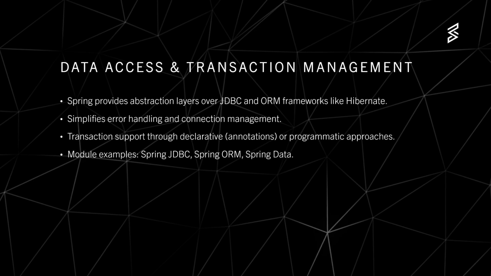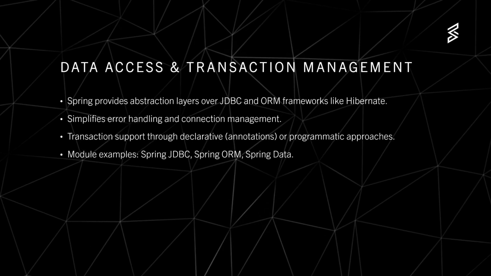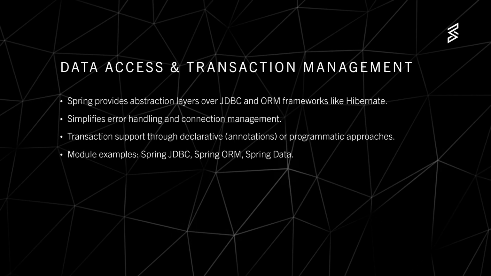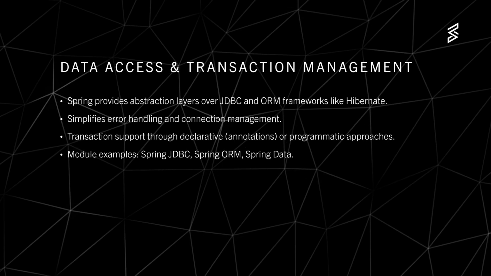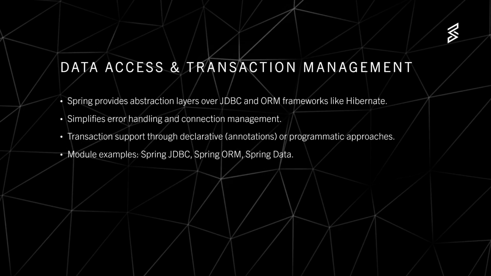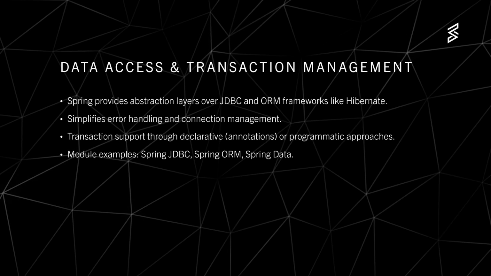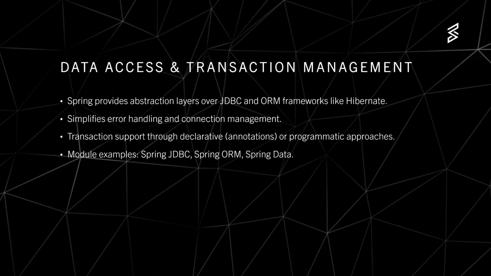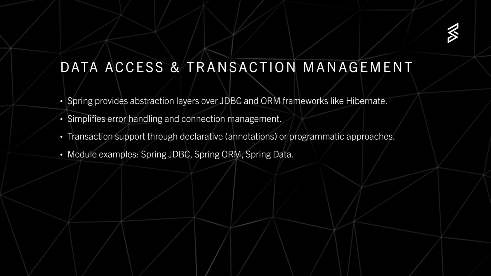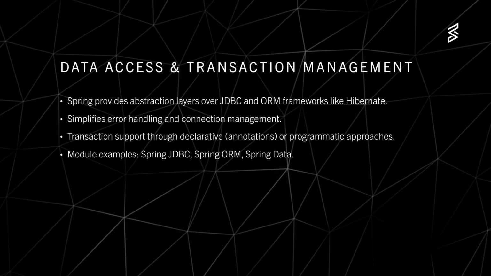For object relational mapping, Spring integrates with Hibernate and JPA, making it easy to map Java objects to database tables. In addition, Spring provides powerful transaction management, so you can wrap your operations in a transaction either programmatically or declaratively using annotations like @Transactional. This helps keep your data safe and consistent even when things go wrong.